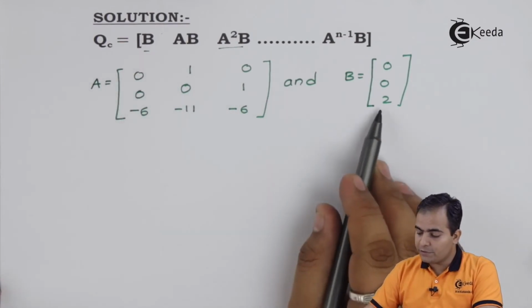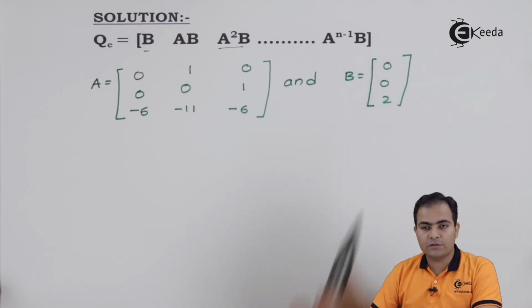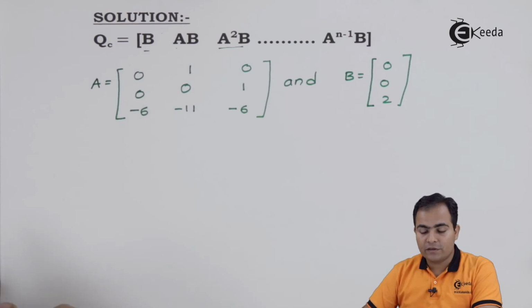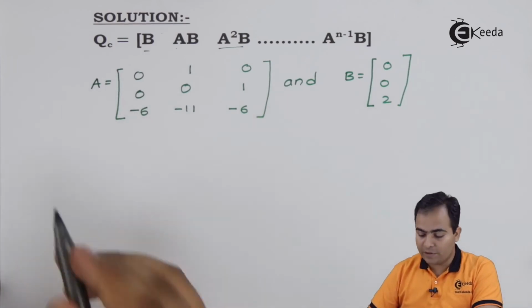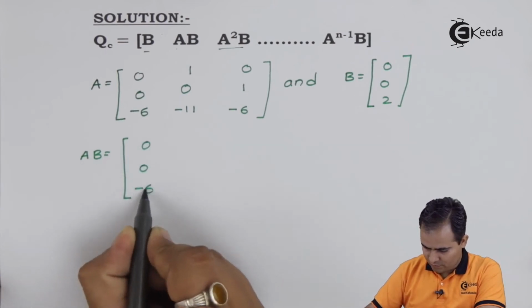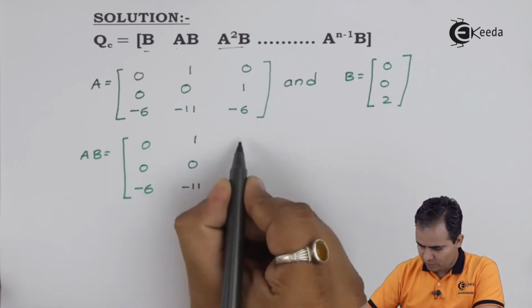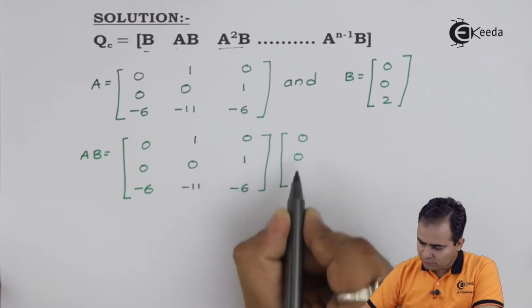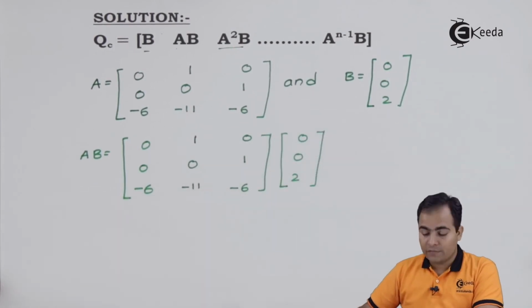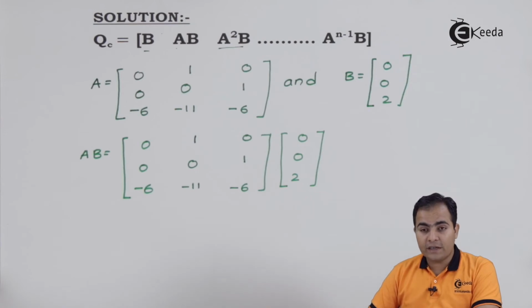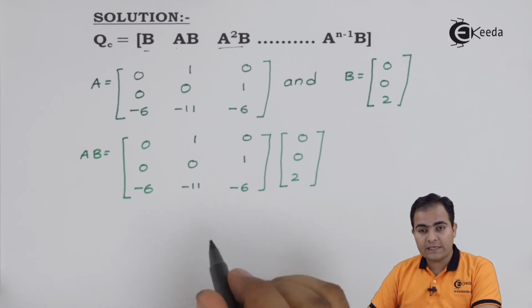So we can directly substitute; my first column is 0, 0, 2. But the next column is filled by just multiplying A with B. So we'll multiply A with B. We have studied one thing: we are going to multiply these two matrices, but if you want to write the answer, we will always write the answer in a column.